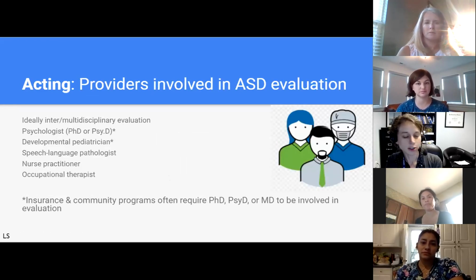So when we're talking about an interdisciplinary evaluation, that looks different ways in different places. Often there's a psychologist involved, a developmental pediatrician, which is a pediatrician who's done extra fellowship time specializing in autism and other neurodevelopmental disabilities.